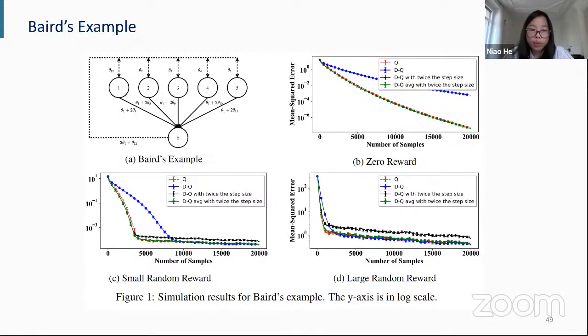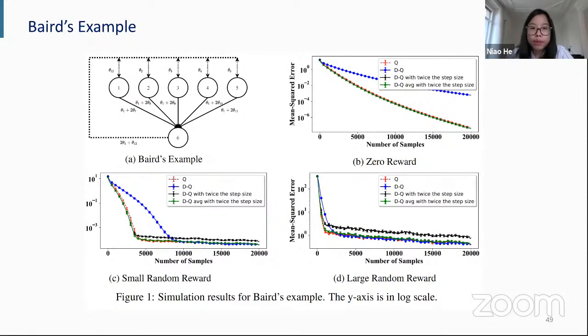To make Q-learning work, here we use a different discount factor. In the original counterexample by Baird, they were using a discount factor of 0.99. Here we just use a moderate discount factor so that both algorithms will actually converge.